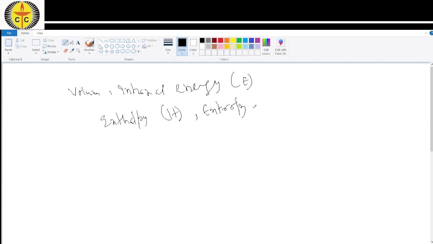Entropy, S, and free energy. Another term is free energy, G.